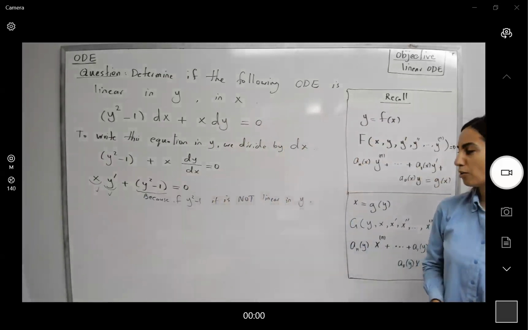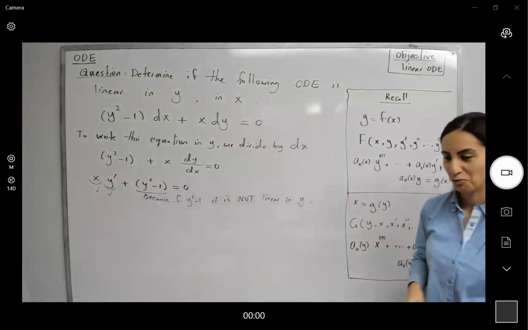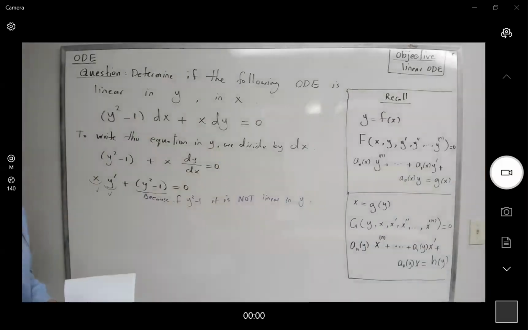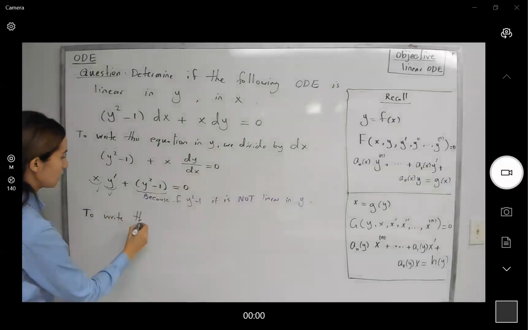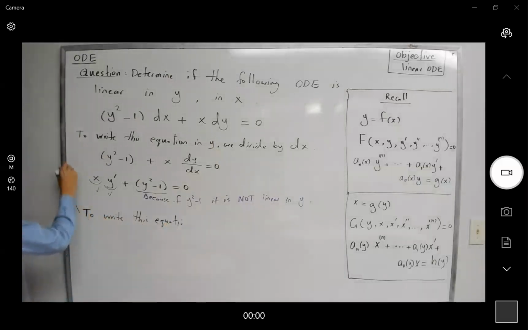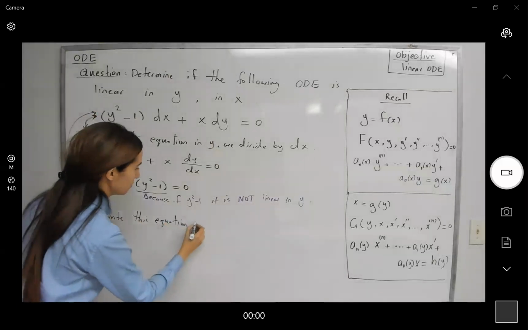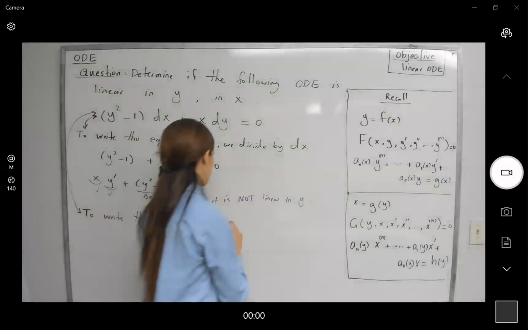Okay. Now, what if you write it in x? It means that x is a function of y. Let's see what's happening here. To write this equation, we're talking about the original equation, in x, we divide by dy.